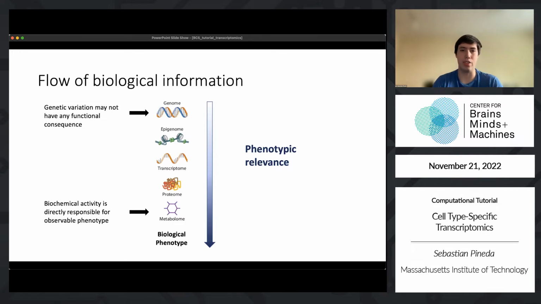Huntington's is monogenic, so you have a mutation in the Huntington gene, and that's what drives everything downstream of that. But if you have a functional or genetic variation elsewhere, it might not actually mean anything, right? You have a lot of the genome that either has no known function or has literally no function. Whereas if we go down this ladder, the things happening at the metabolomics level are the biochemical activity that directly drives our observable phenotype.